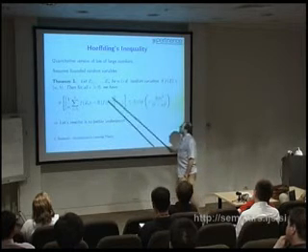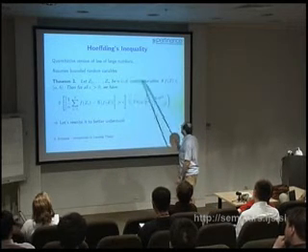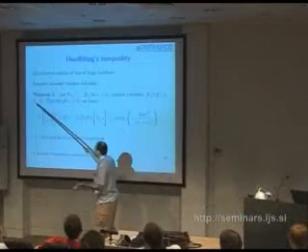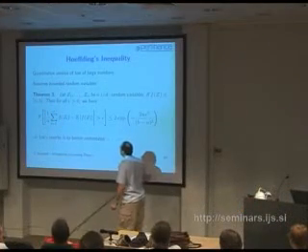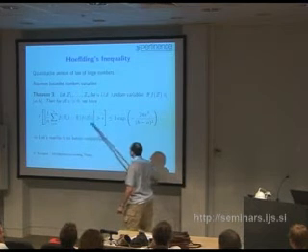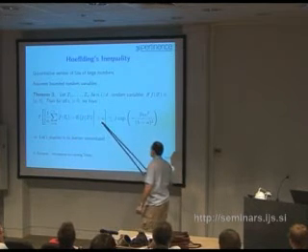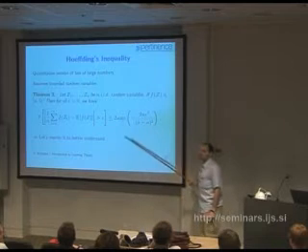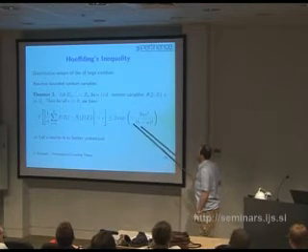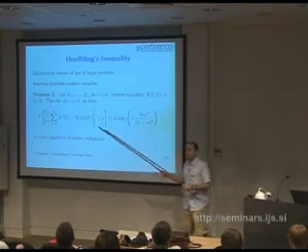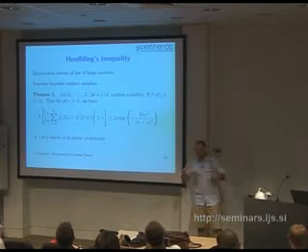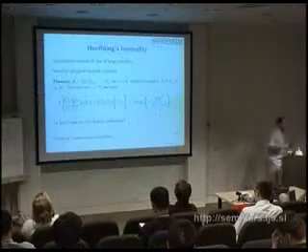If you have IID variables, and your function is bounded between a and b, but actually 0, 1 is enough, then for all epsilon, the probability that this quantity is larger than epsilon is exponentially small. This is the quantification of the law of large numbers. It tells you that this convergence happens actually quite fast.